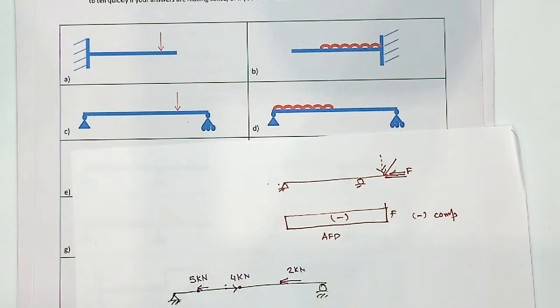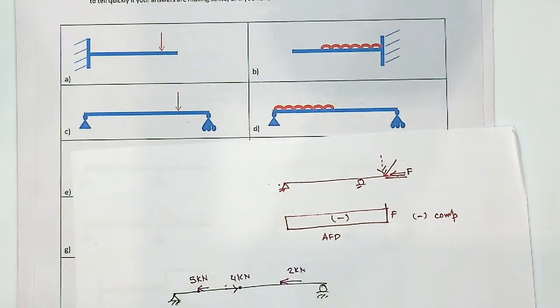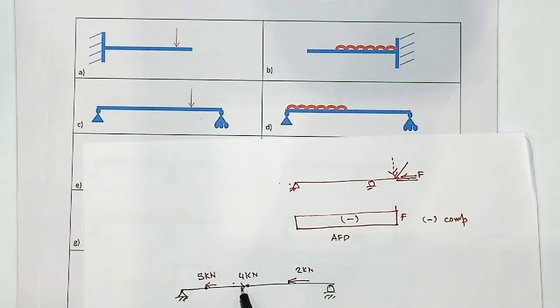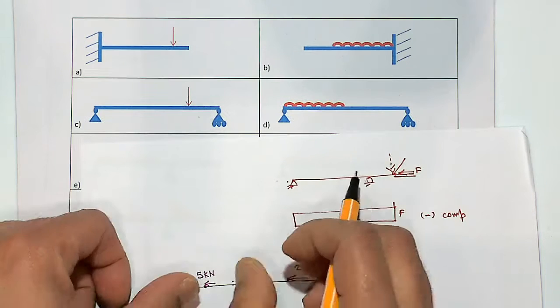Okay, so when you are drawing the axial force diagram, from here to here there is nothing, so that comes down like this, and from here to here 2 kilonewton compressive, so go to 2 kilonewton, and then it is creating tension.